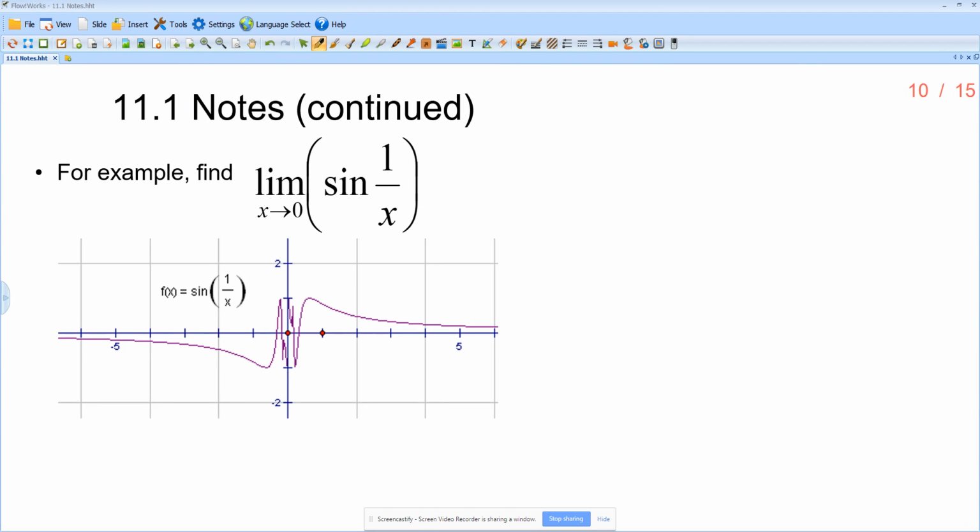So for instance, if I talked about the limit as x goes to 0 of the sine of 1 over x, here I have this graph. It's really tough to see what's going on here. I've tried playing with the calculator to zoom in more and more, but you're not actually going to be able to see clearly what's going on here.